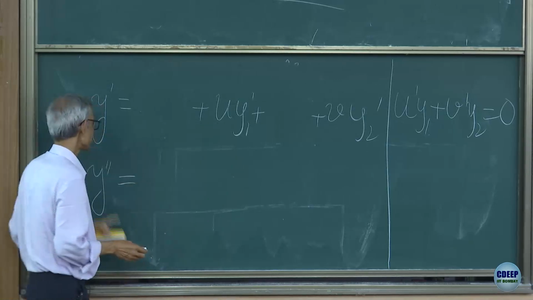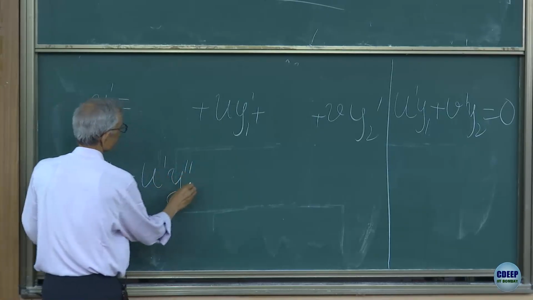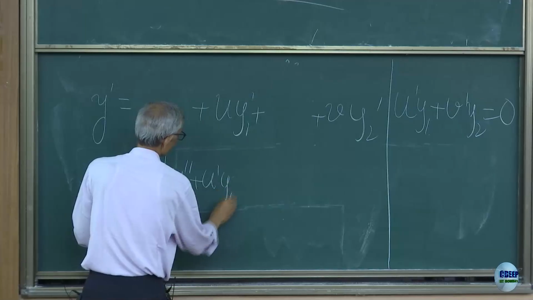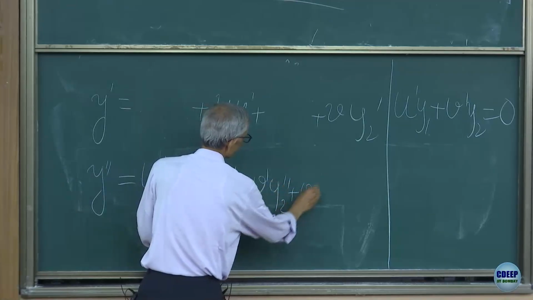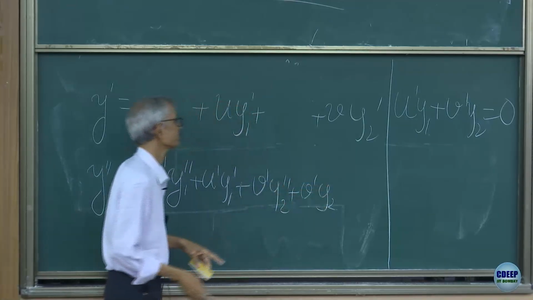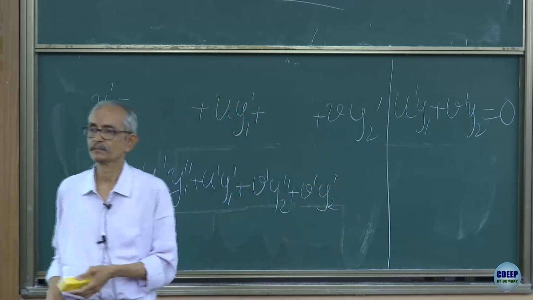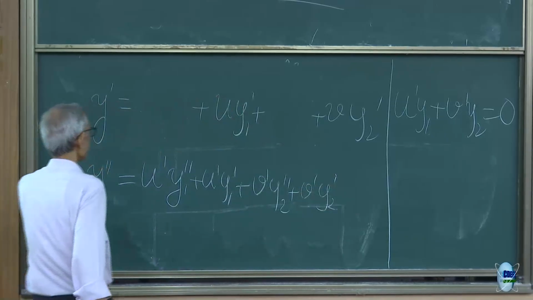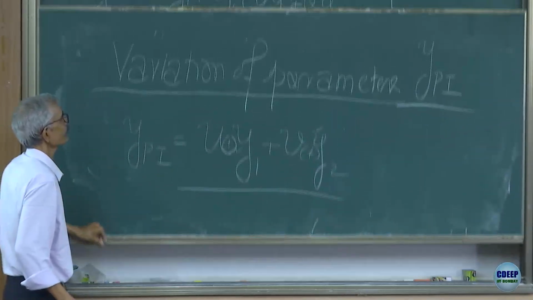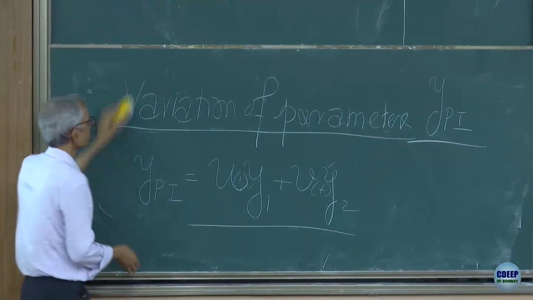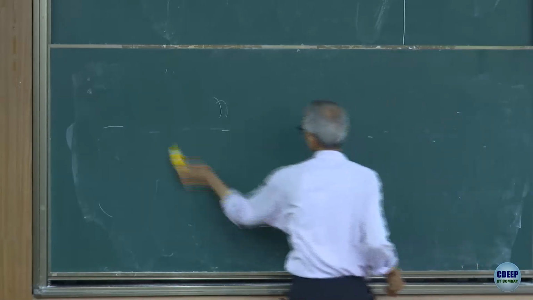Now I take the next derivative, which is u prime y1 prime plus u y1 double prime plus v prime y2 prime plus v y2 double prime. That's my second derivative. So y double prime is equal to this and y prime is equal to this. Now all that we need to do is to substitute in the original differential equation. What was my original differential equation?